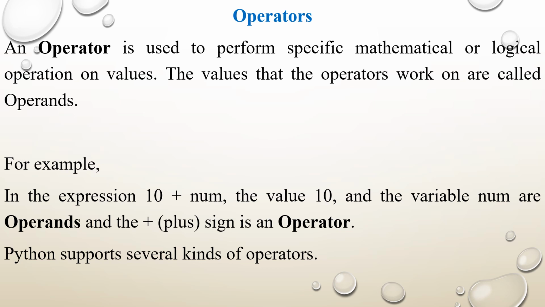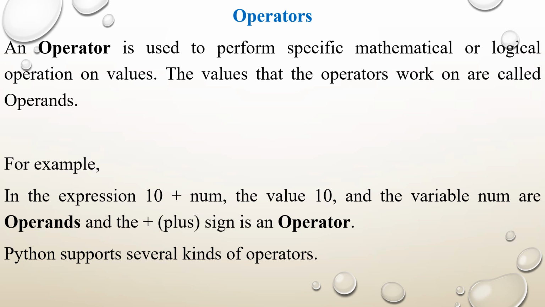As an example, we consider the expression 10 plus num. So here the value 10 as well as the variable num are called operands, and the symbol plus is called operator.